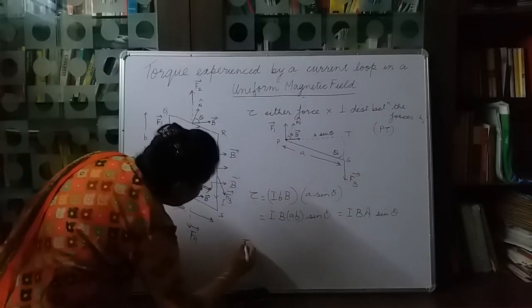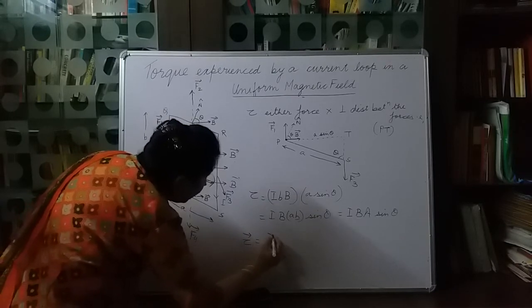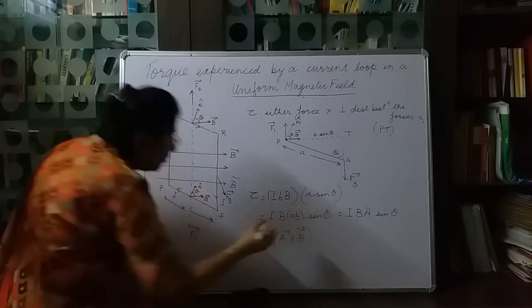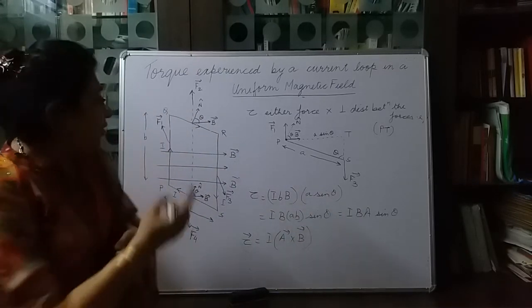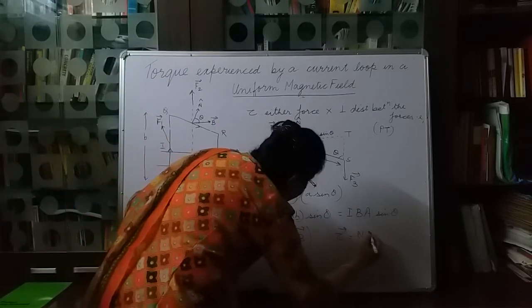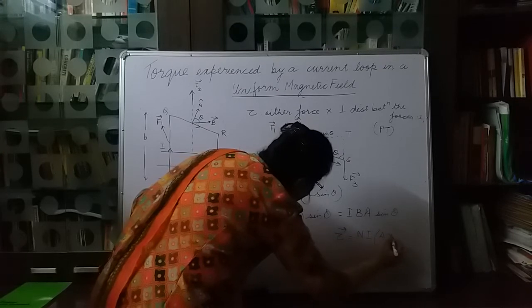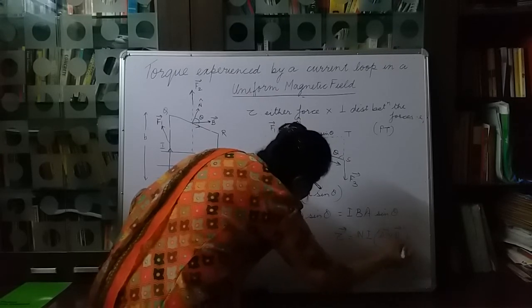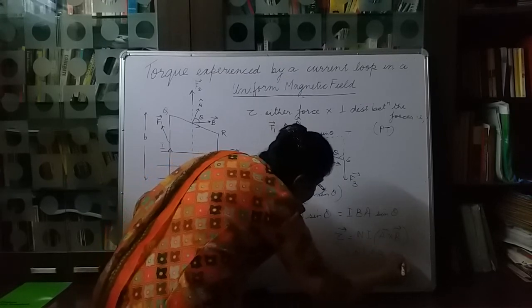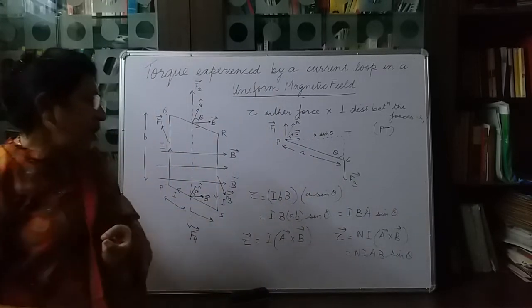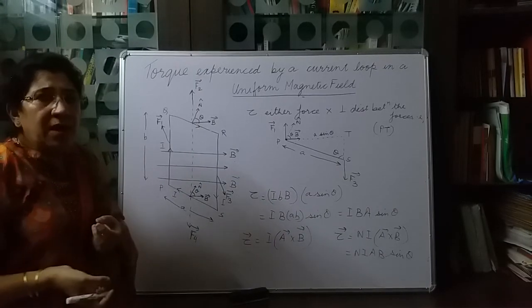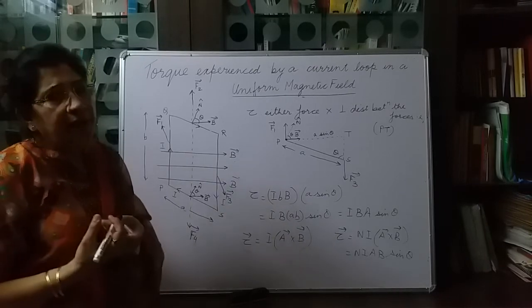In vector notation, we can write it as IA cross B. If there are n turns of the rectangular coil, the torque will become NIA cross B or NIAB sine theta. Here the thing to be remembered is that theta is the angle between the normal to the plane of the coil and the magnetic field.